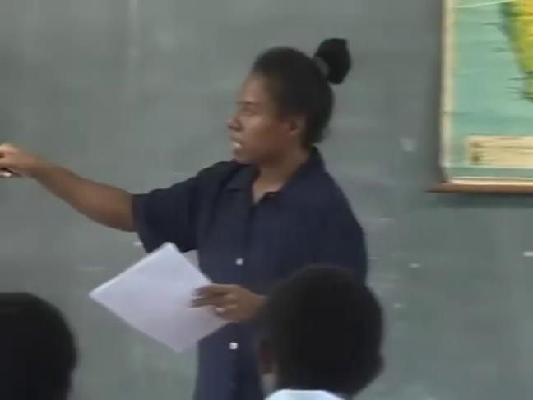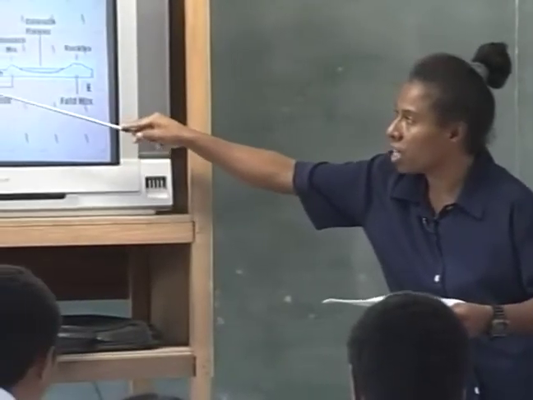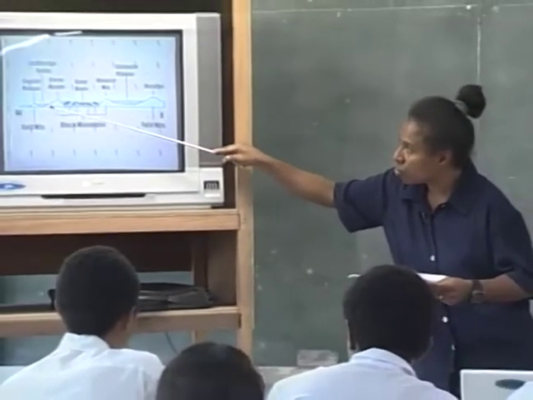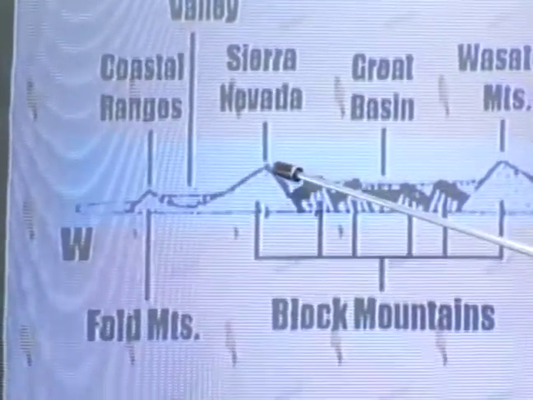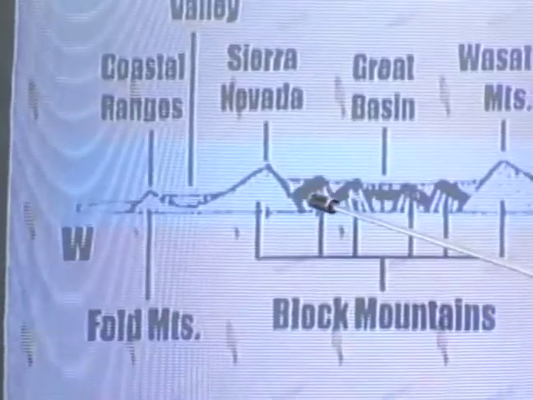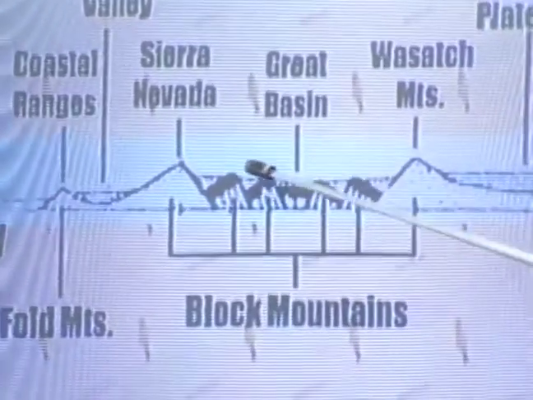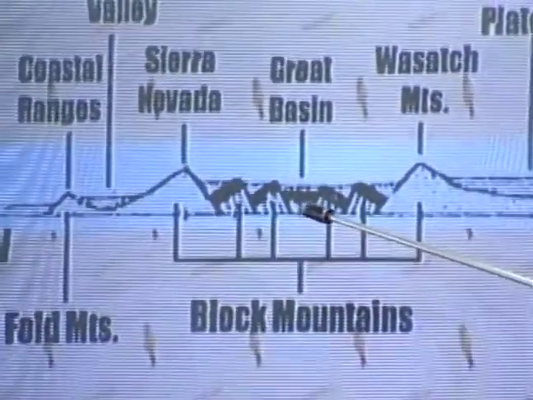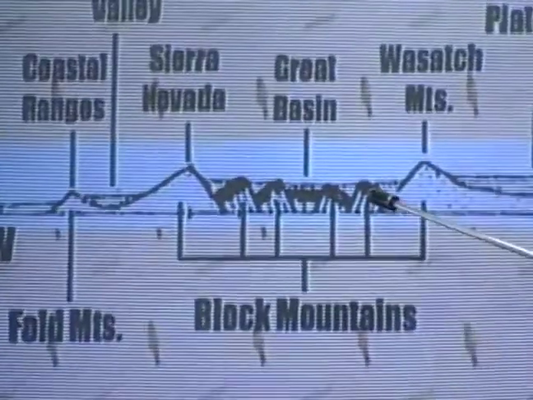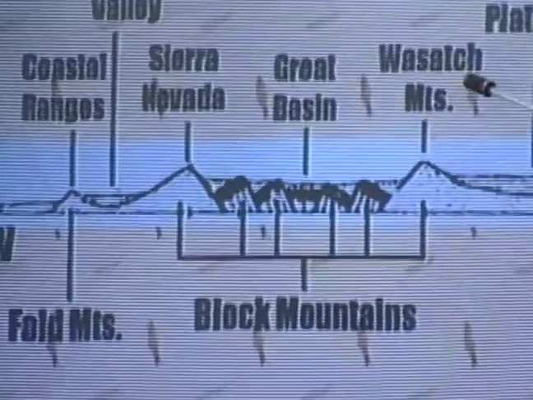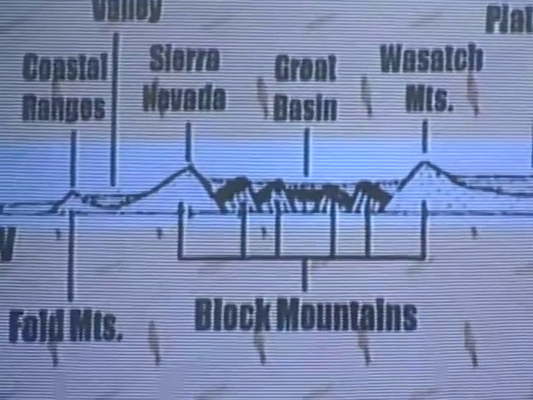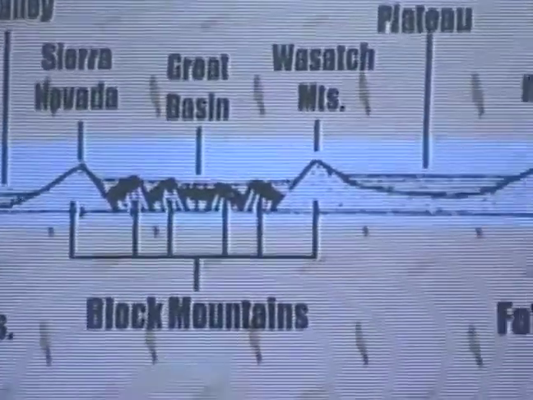This diagram is actually showing that. From the Pacific Ocean in the west, we come to the Californian Valley, the Sierra Nevada mountains, and then you come to the area which is known as the Great Basin. It is this area here where block faulting is actually evident. If you continue on, you come to the Wasatch Mountains, the Colorado Plateau, and then the Rockies.